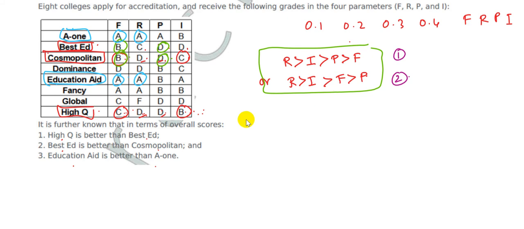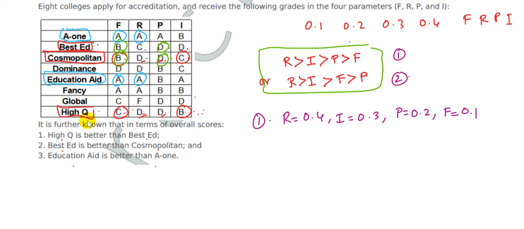If it is case 1, then let's compare the scores of high Q and bested. High Q score will be C in F. So in case 1, R is 0.4, I is 0.3, P is 0.2 and F is 0.1.